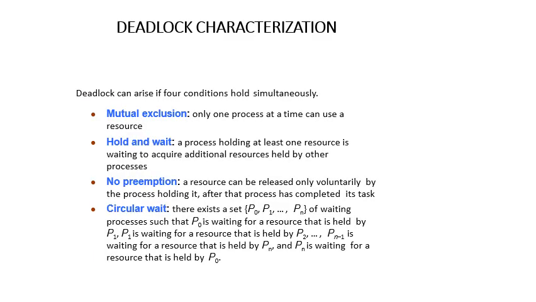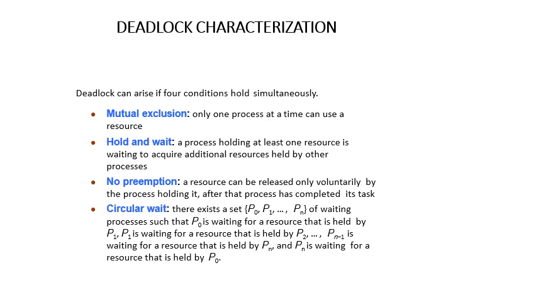Next, coming to the deadlock characterization. Normally the deadlock can arise under four conditions. The first condition is mutual exclusion, the second is hold and wait, the third is no preemption, and the fourth is circular wait. So what is mutual exclusion? Mutual exclusion means only one process at a time can use a resource.